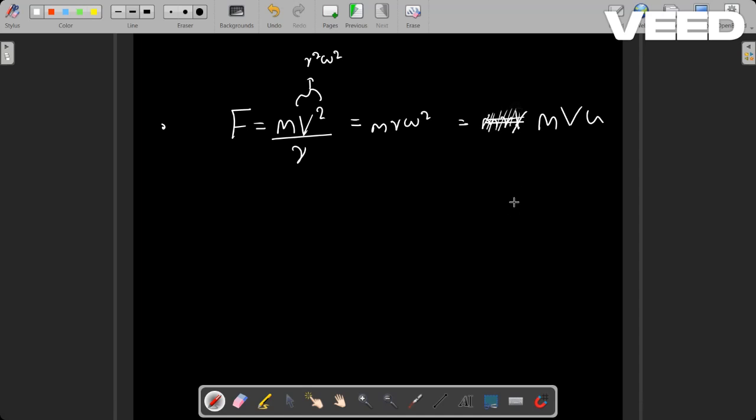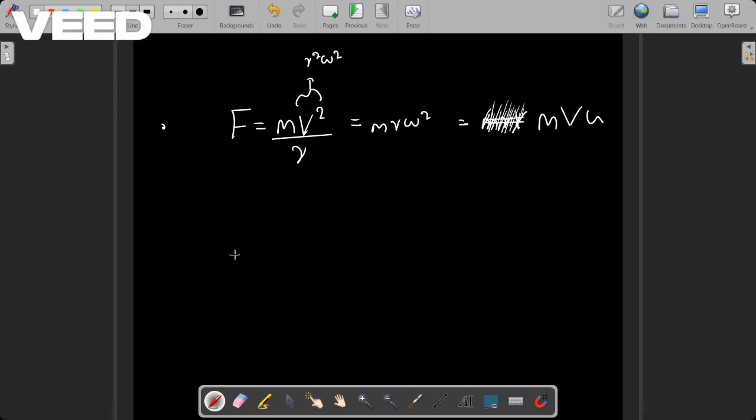So you don't need to memorize everything. If you know only one formula, with that you can derive the other formulas. No need to memorize all. Sometimes they may ask you about the linear velocity, mass, radius, angular velocity. So based on the question being asked, you should decide which formula to use, right?